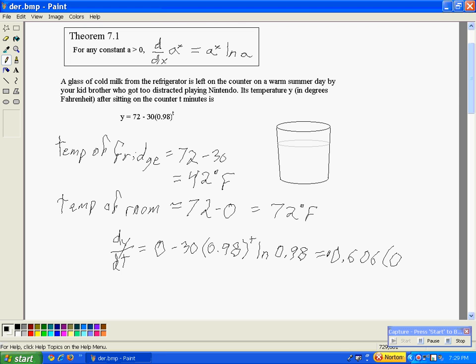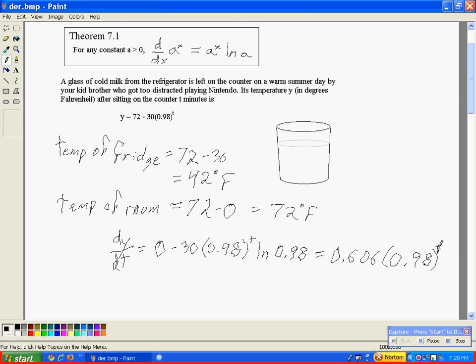It's negative. No, it's not negative, because the natural log of 0.98 is a negative number. So negative times negative is positive. Positive 0.606 times 0.98 to the t.